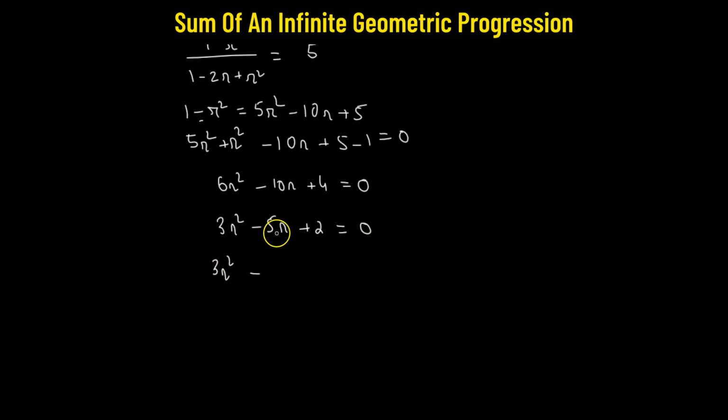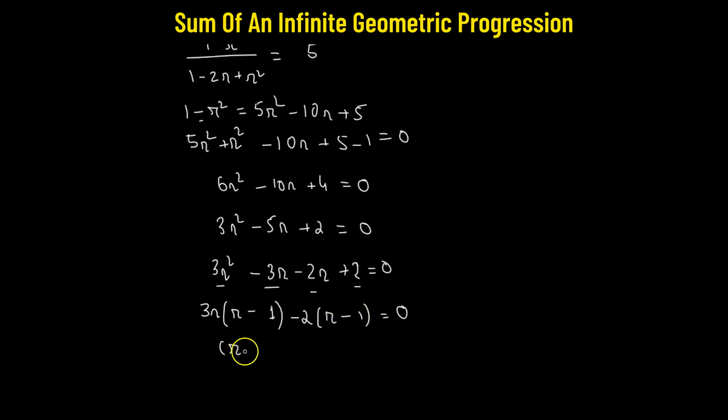We're going to split the middle term: the 5r can be represented as negative 3r minus 2r, plus 2 equals 0. We combine the first and second terms by taking 3r as the common factor, so that gets multiplied by r minus 1. Then we combine the third and fourth terms by taking negative 2 as the common factor, so 2 is multiplied by r minus 1. That equals 0. So we get r minus 1 multiplied by 3r minus 2 equals 0.